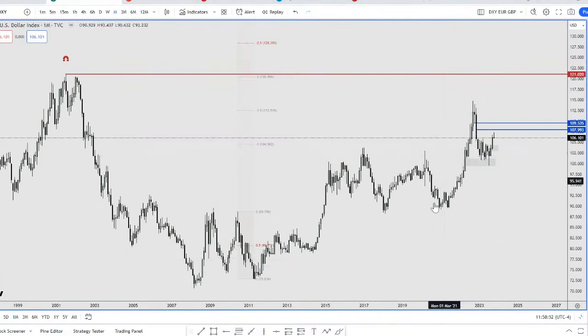So based off of this entire price action here, dollar is in a bullish order flow. So until it presents evidence that it's shifting, I would remain in this bias.